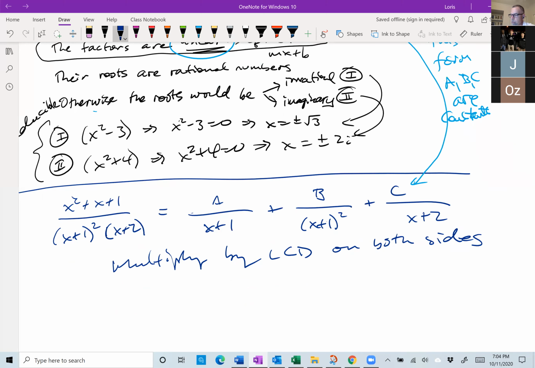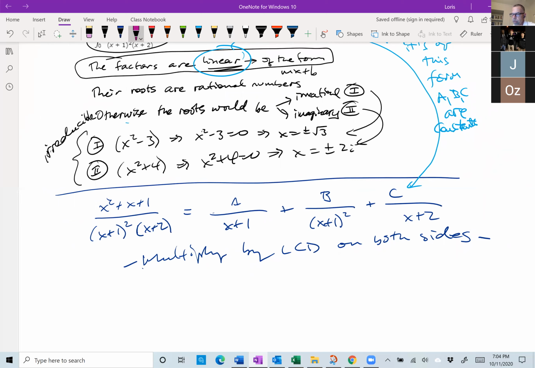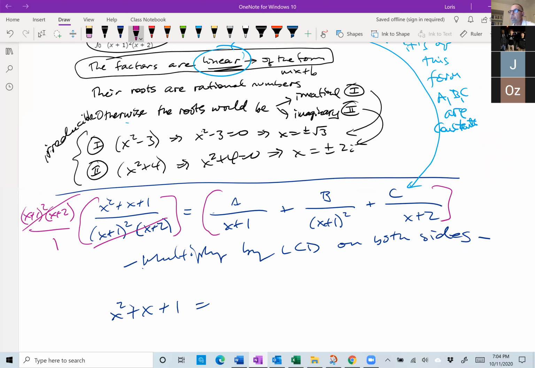When I do that on the left, x plus 1 squared times x plus 2 cancel, and you're just left with x squared plus x plus 1. On the right side, certain things cancel according to your rules from intermediate algebra.